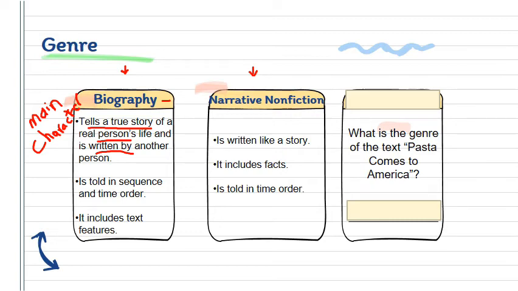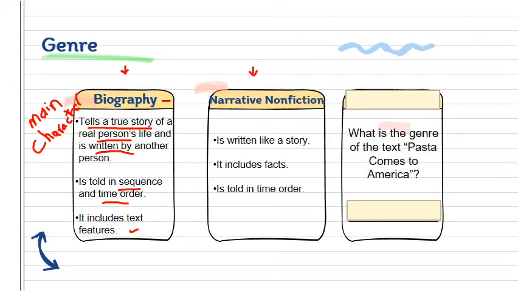So they used the time order. They put the events in sequence or time order. At the end, it includes text features such as pictures, diagrams, sidebars, graphs and bars. These are called text features.